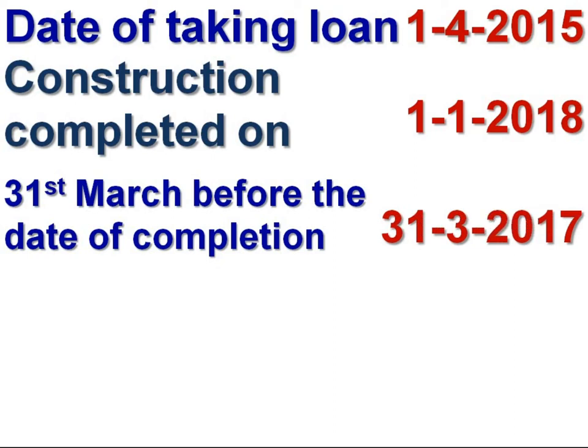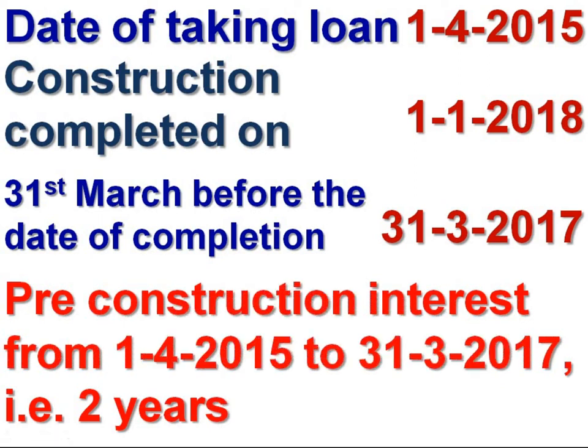2017. The interest prior to construction can be computed from the date of taking loan, that is on 1st April 2015, up to the 31st March just before the construction completed, that is up to 31st March 2017. Here interest prior to construction means the interest from 1st April 2015 to 31st March 2017.